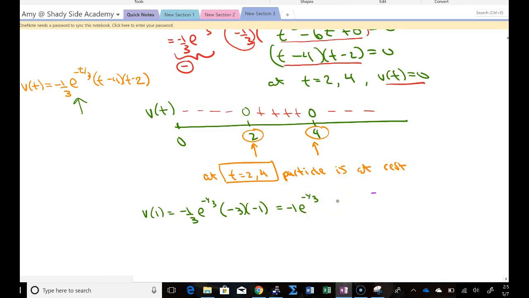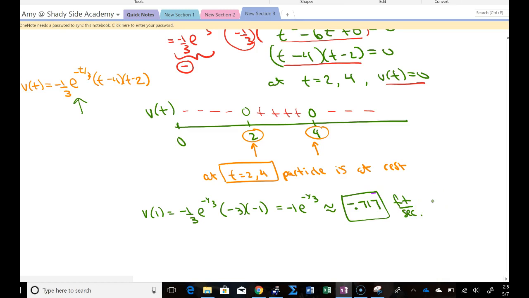Okay? Just for the purposes of this screencast, I'm actually going to find out what this is approximately equal to. Okay, so at time t equals 1, the velocity is approximately negative 0.717 feet per second.